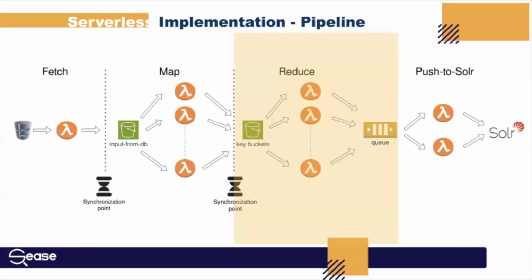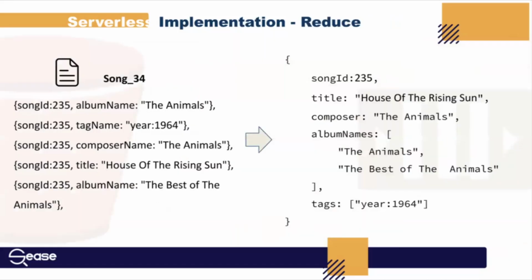Okay, let's now go to the reduce. I don't have much to say now, because the reduce is pretty simple. We read from this bucket file, and in parallel, we find everything there. We just create the document to push to Solr or whatever. I don't think there's anything more to add.